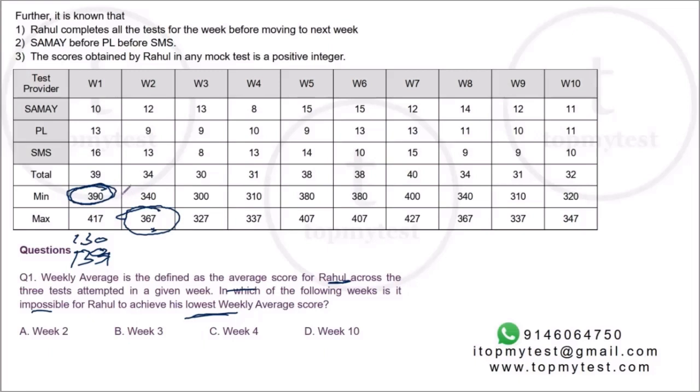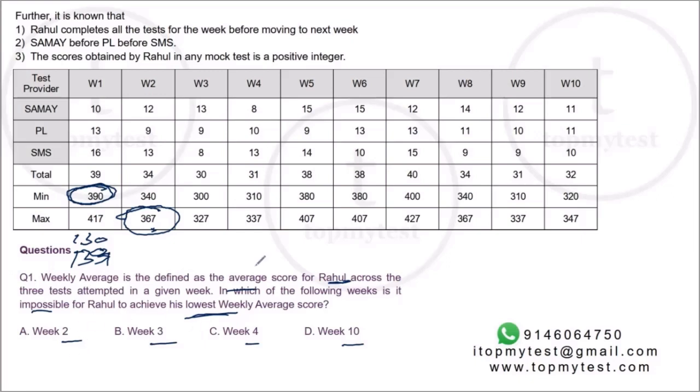So you know for sure that week 1 cannot be lower than week 2, which means week 1 cannot be the lowest across the scores as well. Anyways, week 1 is not in the options anyways, but just to illustrate this point. So you need to check between week 2, week 3, week 4 and week 10. Right.